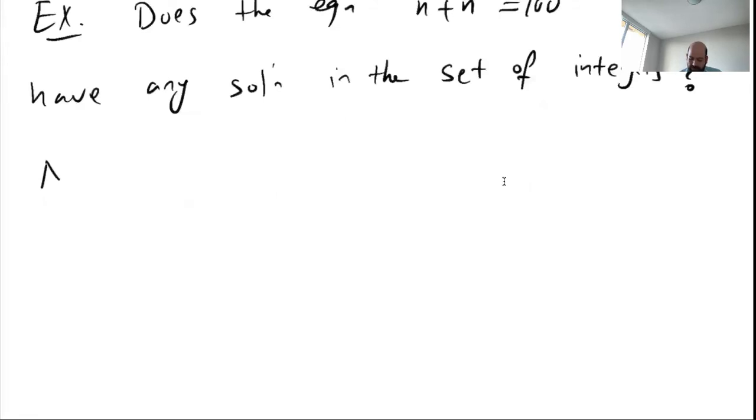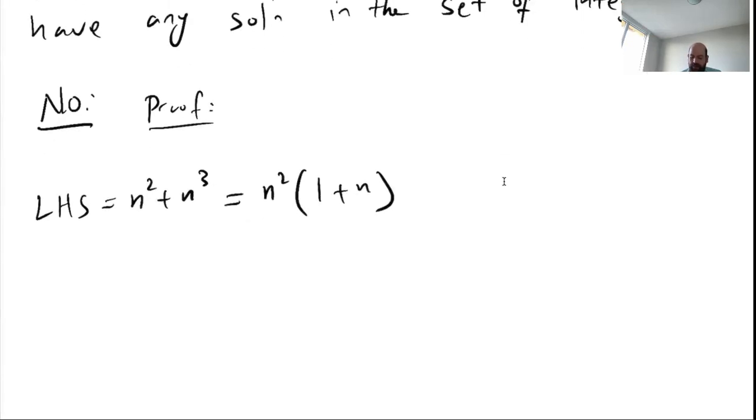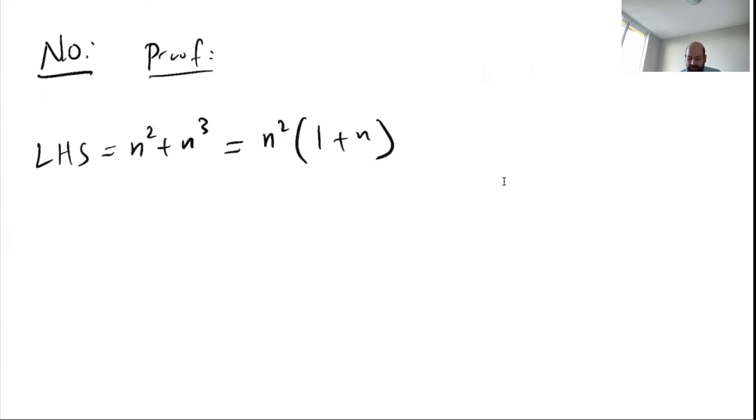So the answer is no. So let's see why. Proof. The left-hand side is equal to n squared plus n cubed. I can write this as n squared times (1 plus n). Now let's consider the absolute value of the left-hand side.